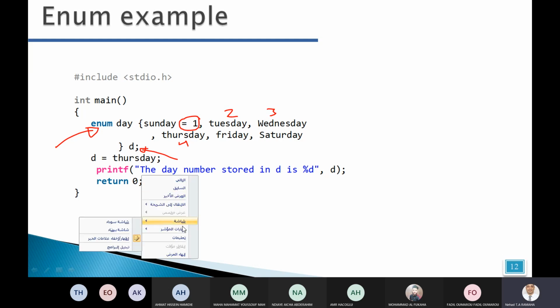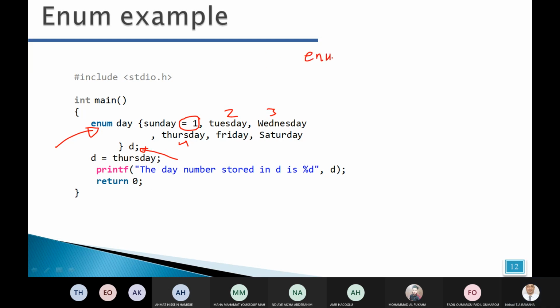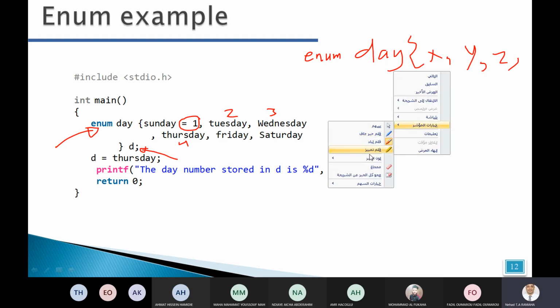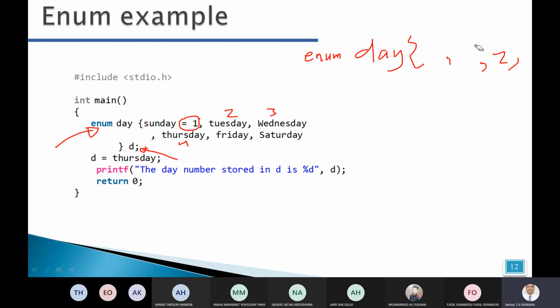So we can also define many variables here. So if we have enum day, with names X, Y, Z, I don't want to write the whole names, or let me name them by characters only.